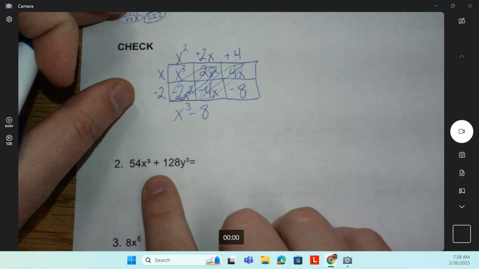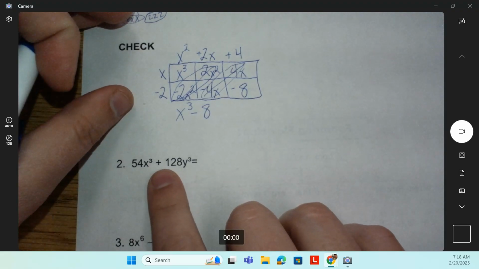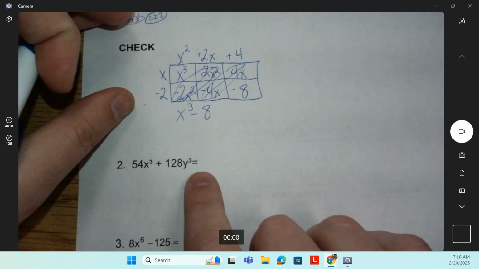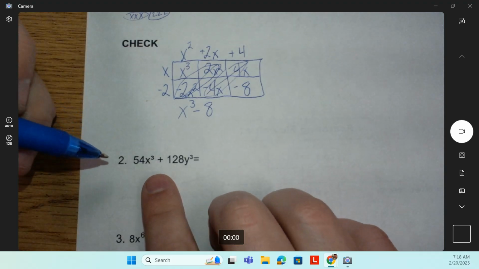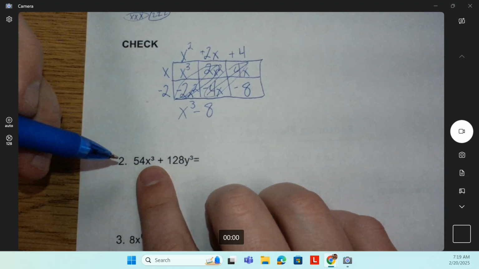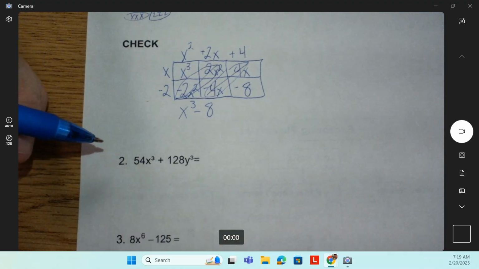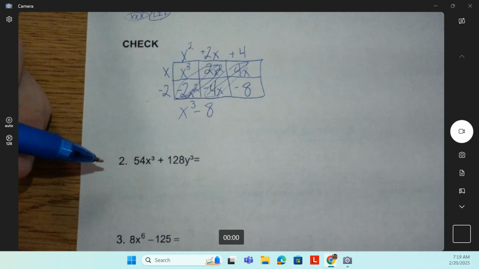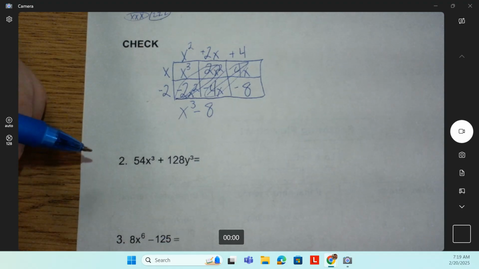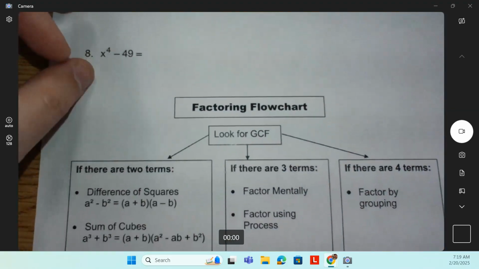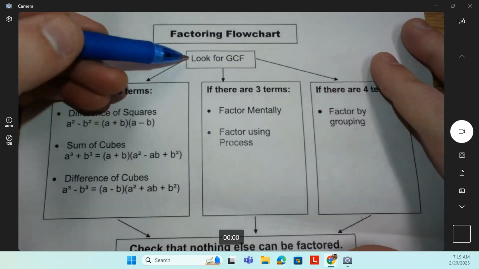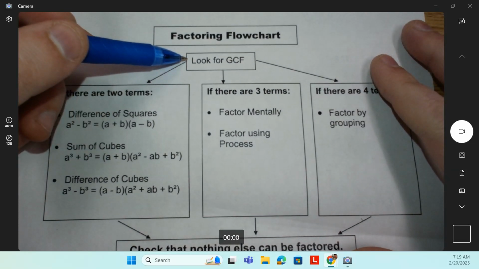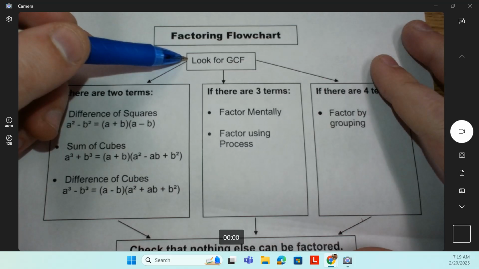I have 54x to the third power plus 128y cubed. Now, looking at this, I don't know that I can split up 54 into groups of 3 as it is. So let's look back here at our factoring flowchart. The first thing we're always going to do is look for a greatest common factor.